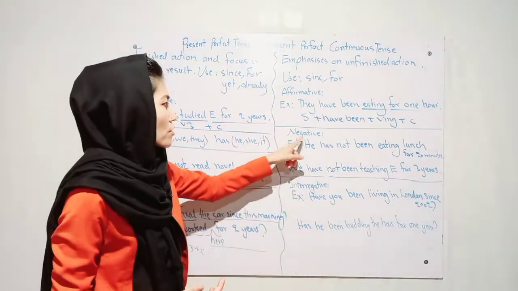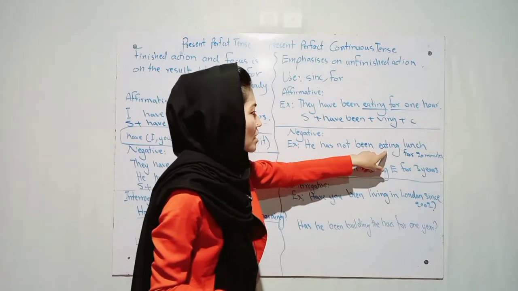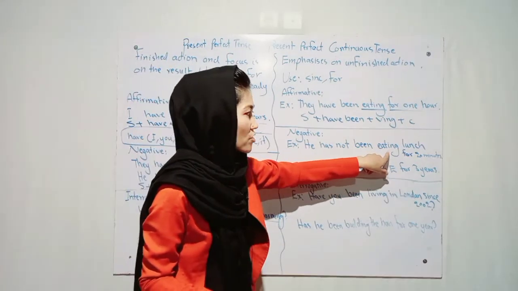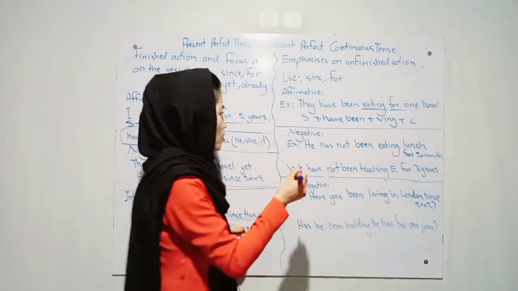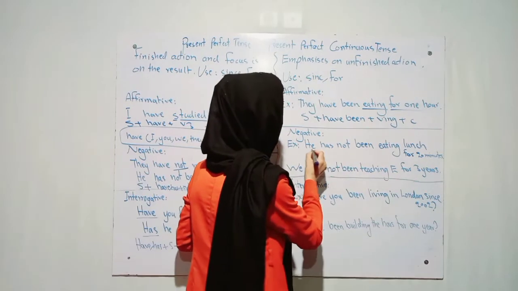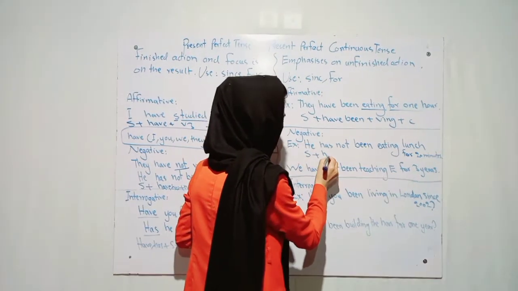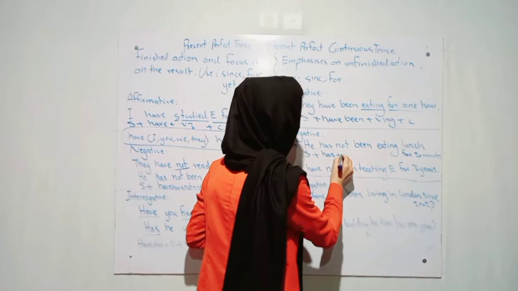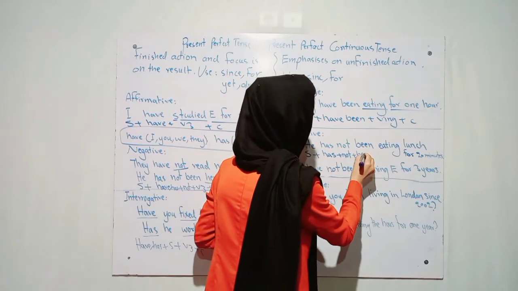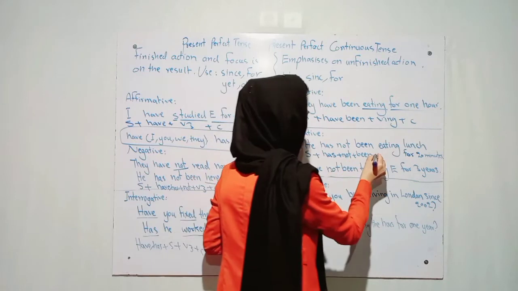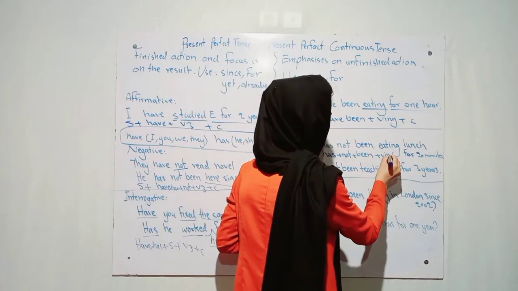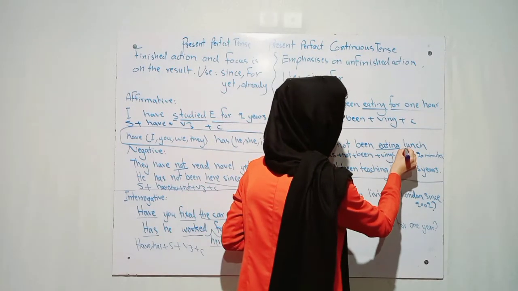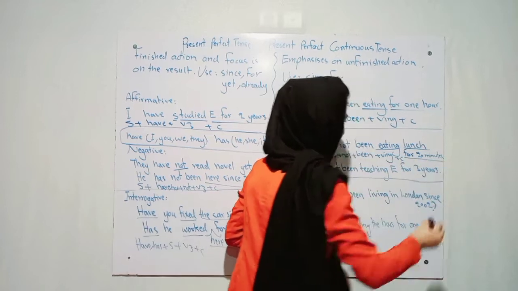The negative form: he has not been eating lunch for 20 minutes. So here we have subject plus has, plus not, plus been, according to the structure, plus verb ing, eating, and plus the complement of the sentence, lunch for 20 minutes.